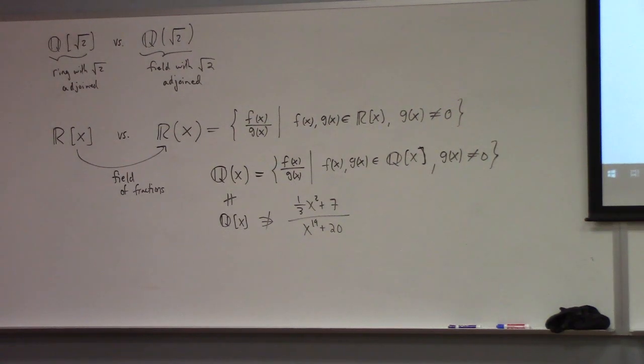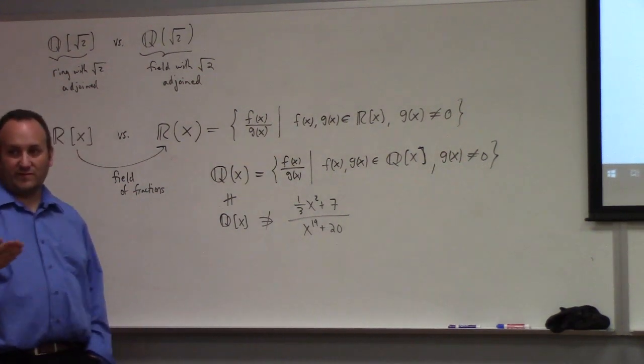As a general rule, square bracket x is a ring, but parentheses gives us a field. But sometimes if you just adjoin an element to a field, it's automatically a new field. What I'm trying to say is, this is a homework problem for you guys.